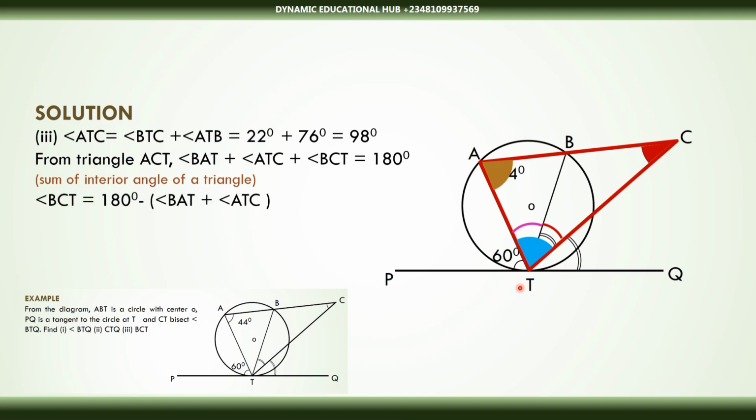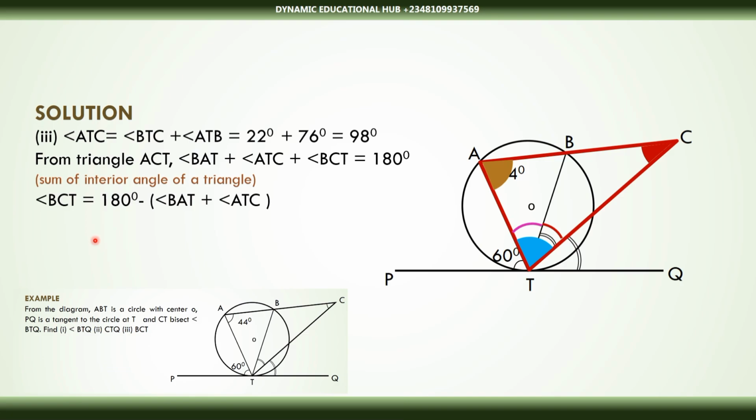And to find the value of BCT, we can simply move BAT plus ATC to the other side. So we are finding the value of BCT here. So we can carry these two to the other side, or we subtract these two from both sides. So when we do that, we have this.